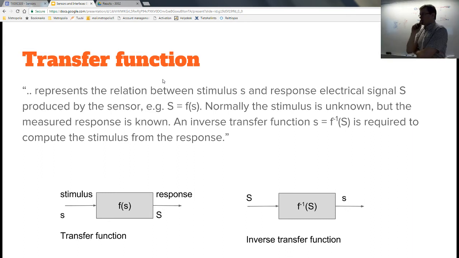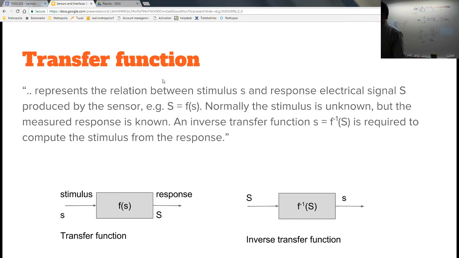Okay, a little bit about the transfer function. The definition is more like that. The transfer function represents a relation between stimulus, meaning that something happens, like when you're measuring the temperature, it's fundamentally, if you are measuring air temperature, about the molecular movements of air molecules.